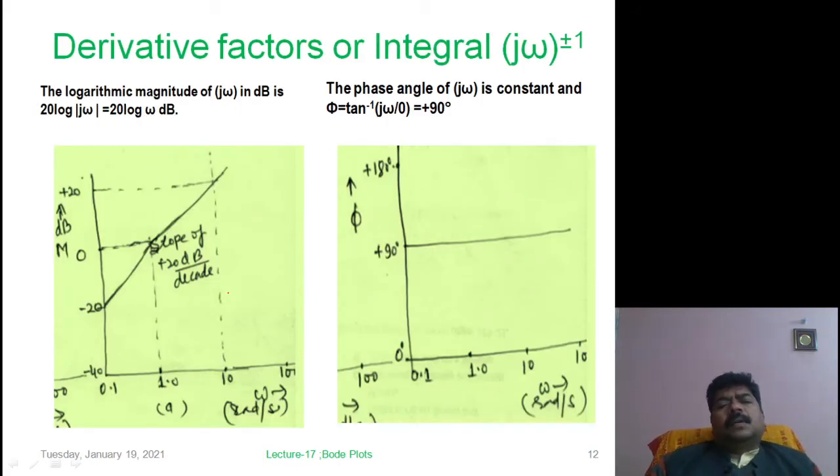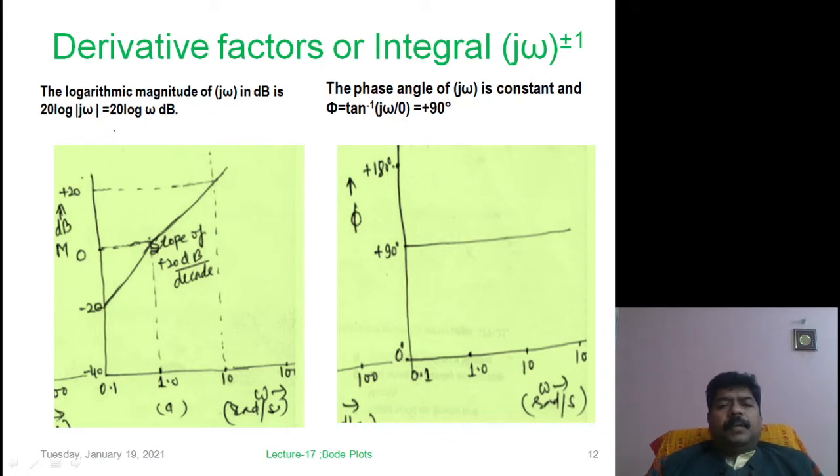Now here a derivative factor has been considered, meaning j omega. So 20 log magnitude of j omega: there is no real part, so the magnitude is simply under root omega square, that will be omega. So 20 log omega.